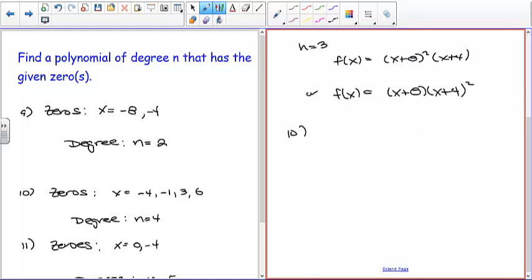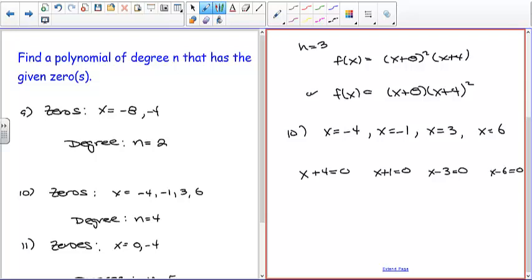Okay, again, degree, number of points, so they're going to be the same. So you get these 4 zeros, which give you these 4 factors. So these are the 4 factors.